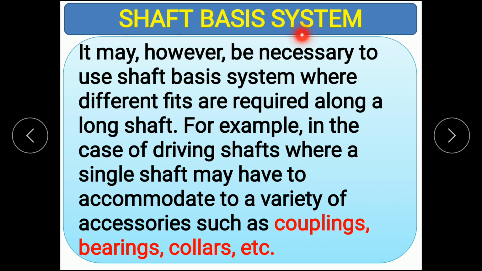For example, in driving shafts, a single shaft may have to accommodate a variety of accessories such as couplings, bearings, collars, so you need to fit these things on the single shaft. In that case the shaft dimension should be changed according to the type of fit required, so we need to use the shaft basis system.